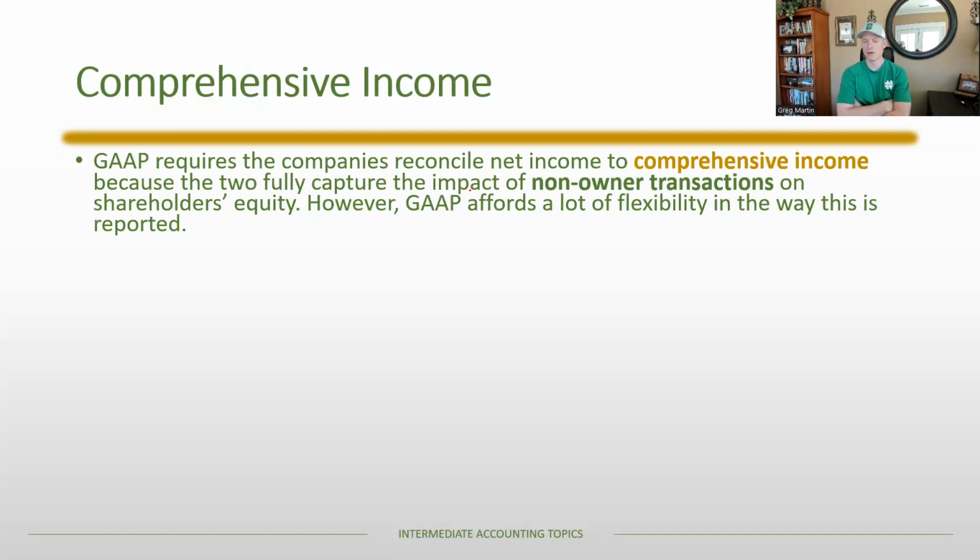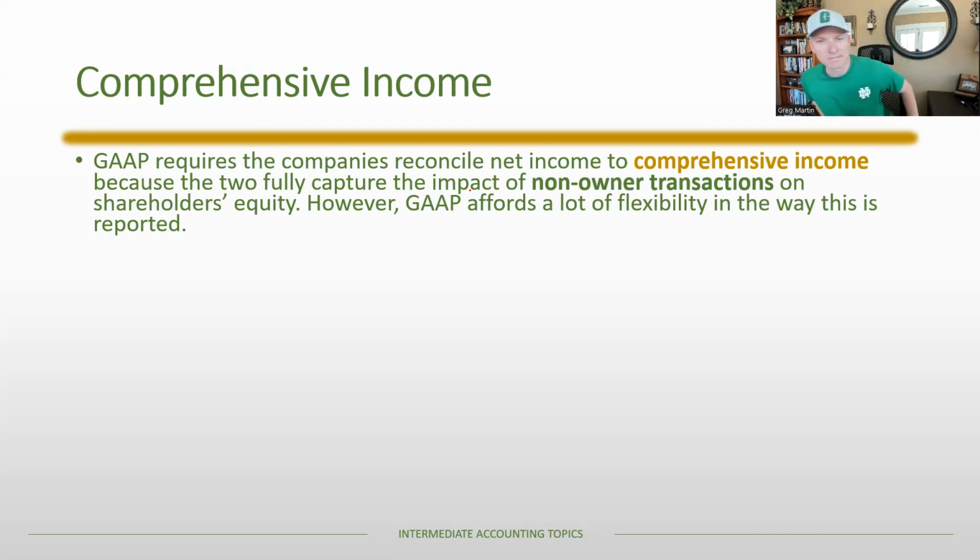Most students are very familiar with net income, the main measure of income that's used inside and outside of accounting. But there is also this other thing called comprehensive income, and it really is a broader measure. It's a fuller measure of all the things that affect income, basically this larger number of non-owner transactions.